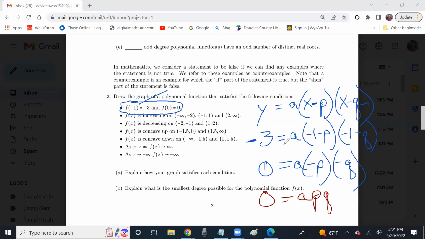And up here, we have -3 equals, I multiply these 2 together. I get 1. Let's see, I get a plus Q and a plus P. And I get a plus PQ.